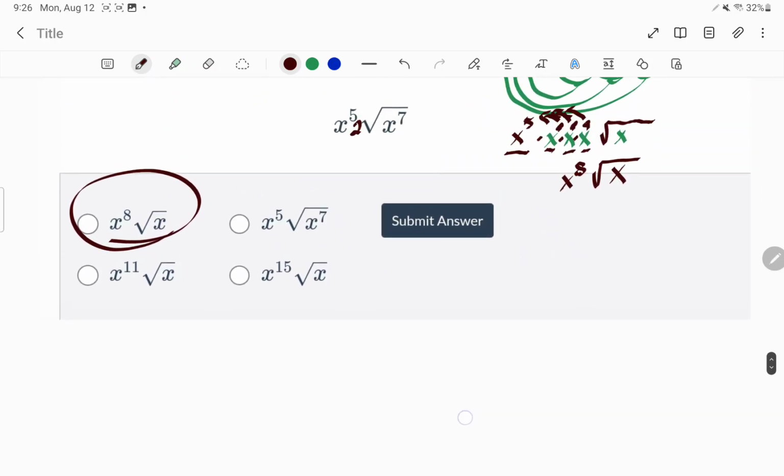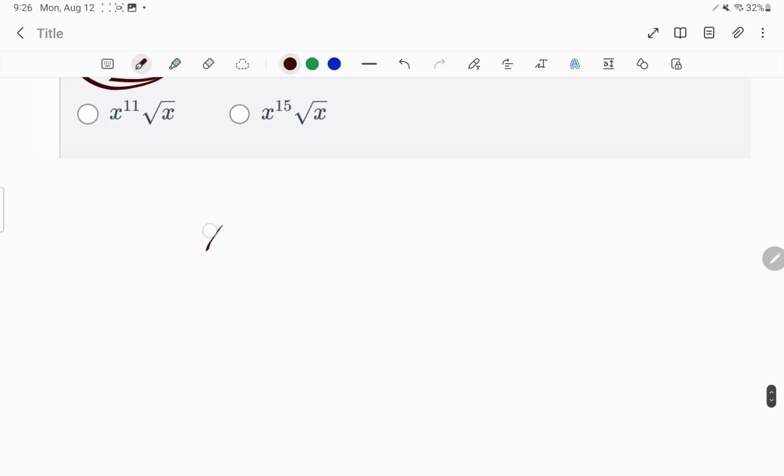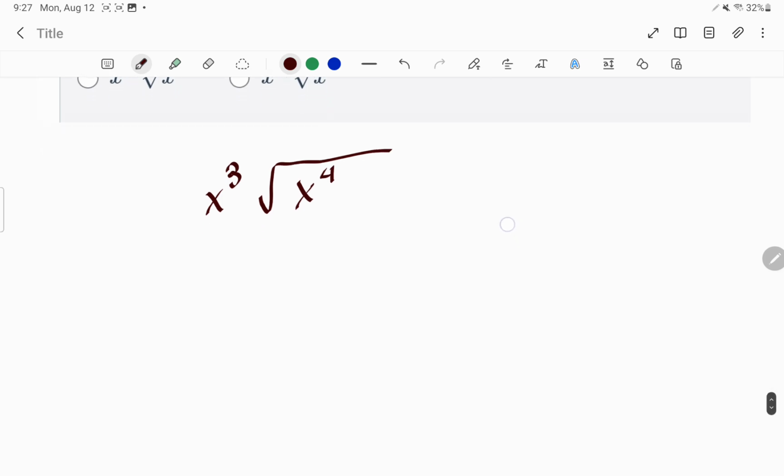But before we leave, let's just do one more for good measure. We're going to have x to the 3rd power, and then we're going to have x to the 4th power. Right there. So let's go ahead and do this. Let's worry about the radical first. So 1, 2, 3, 4. We're going to circle any groups that we have, and remember the groups are going to go outside.